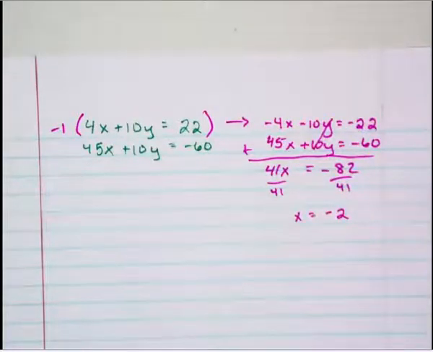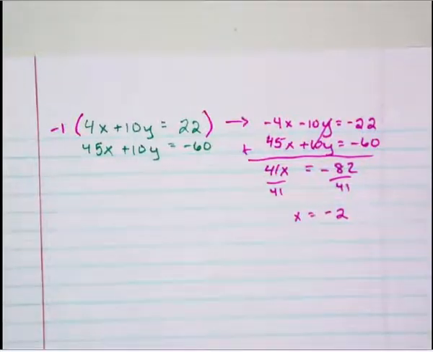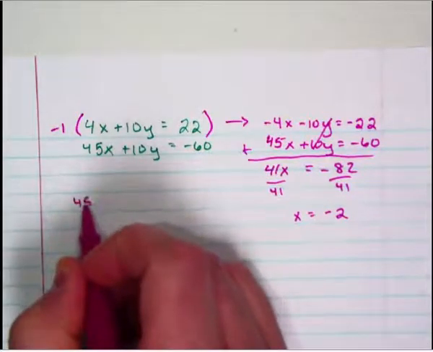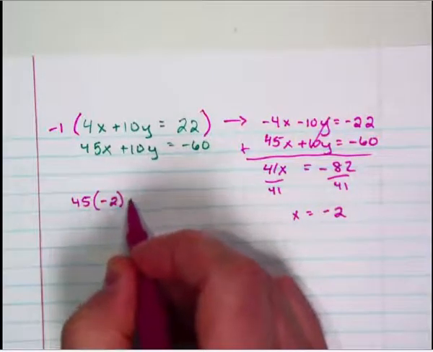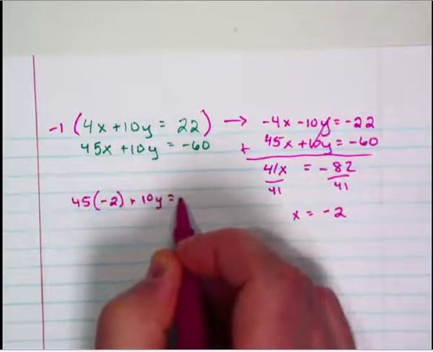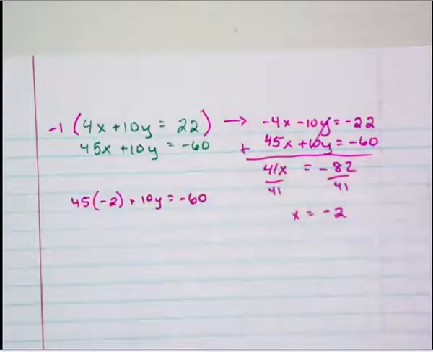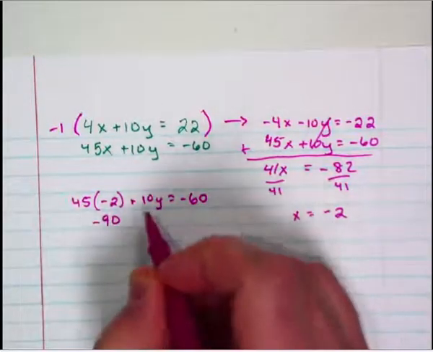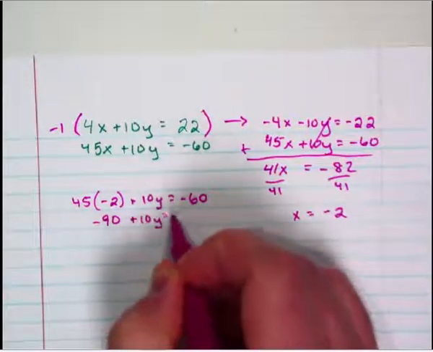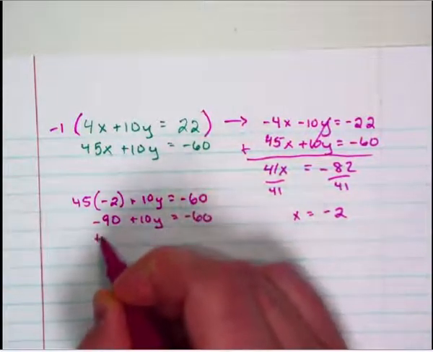So then I'm just going to take that and substitute it back into one of the equations so I can find y. This time I'll use the bottom. So I have 45, but x is negative 2 plus 10y equals negative 60. 45 times negative 2 is negative 90 plus 10y equals negative 60.